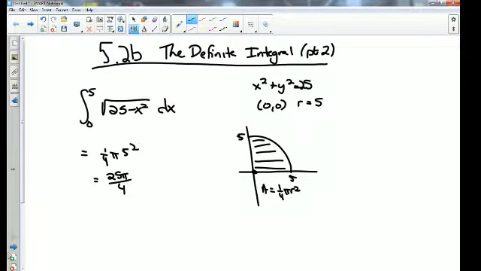So let's see. Do you want to see another sine cosine one, or are there any of them that you want to see an integral of?